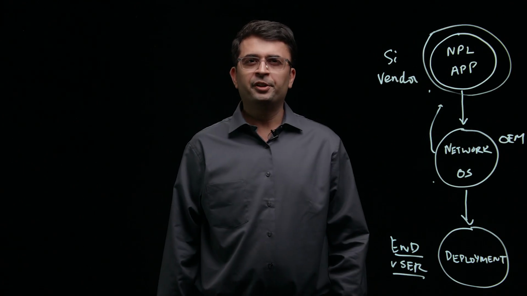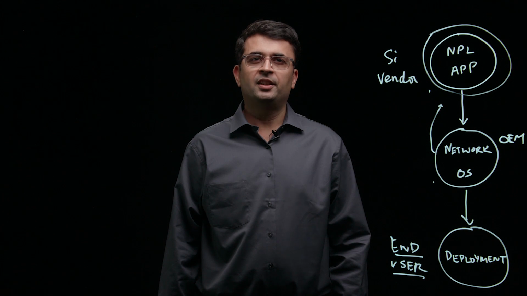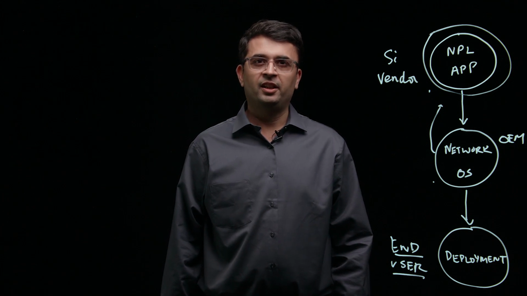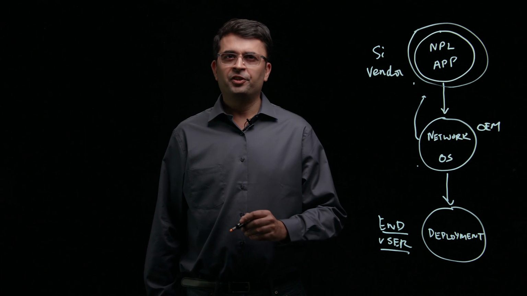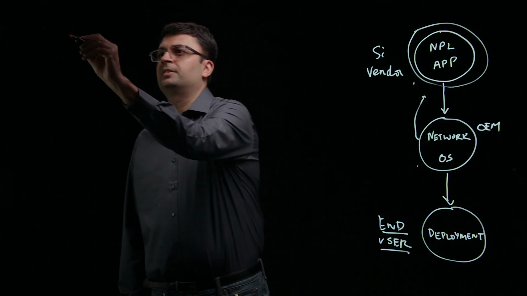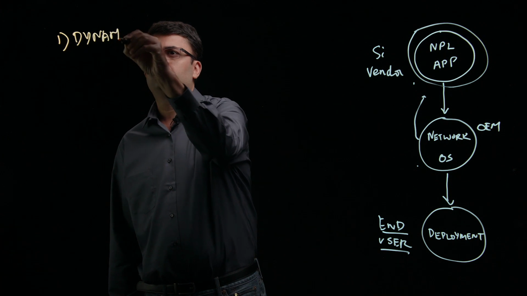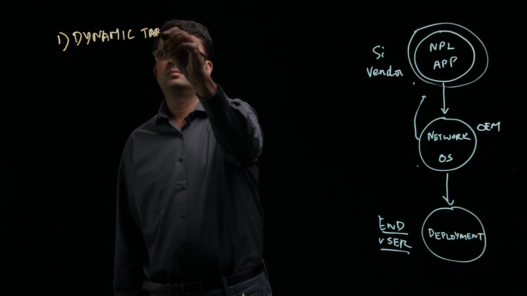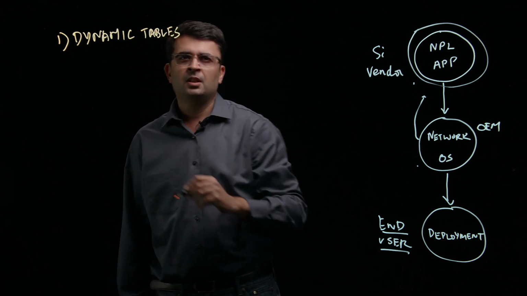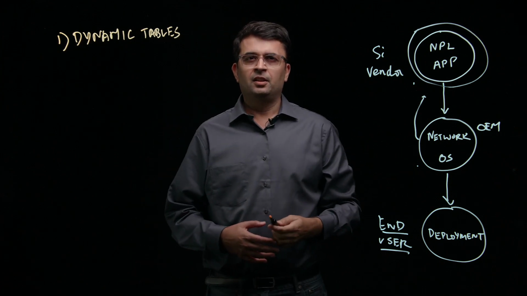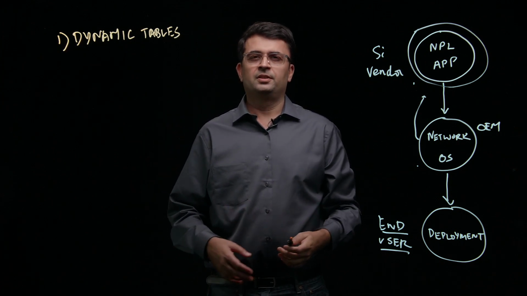So let's look at three of the runtime capabilities in the NPL language in more detail. So first, let's look at dynamic tables. So NPL has two types of logical tables.